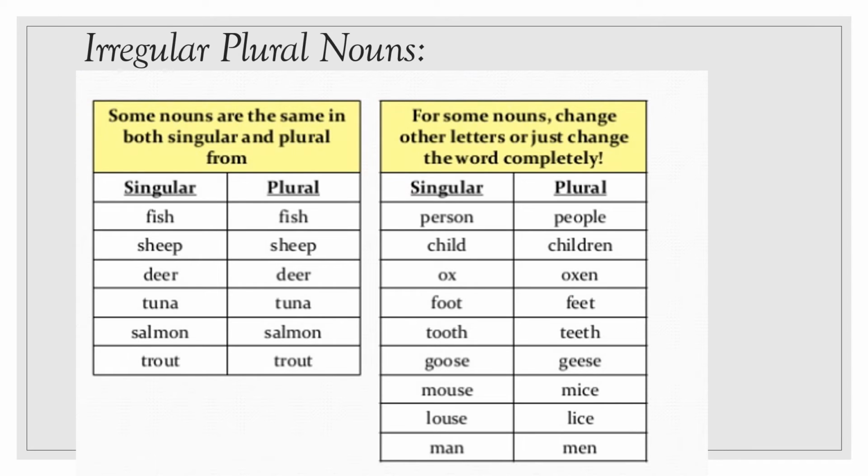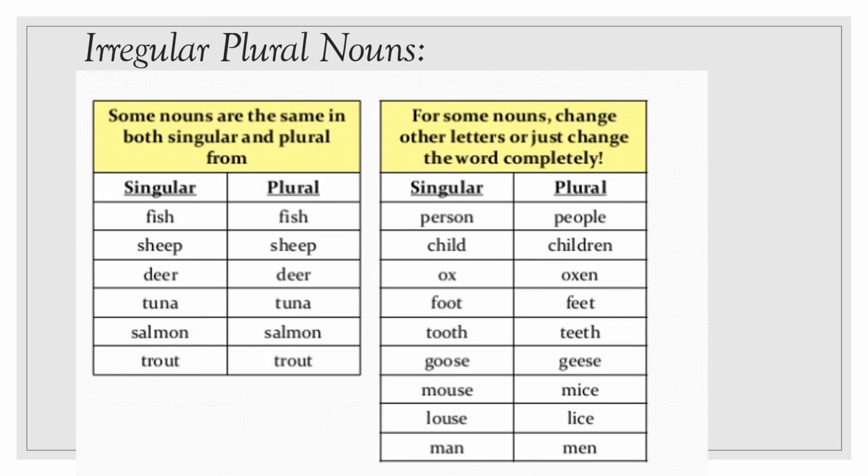Now we have some nouns which are known as irregular plural nouns. That means there's no rule. They don't follow a specific rule. The only way to know them is to memorize them, to use them a lot and to memorize them. Some nouns, they don't change. Okay, the singular and plural form are the same.